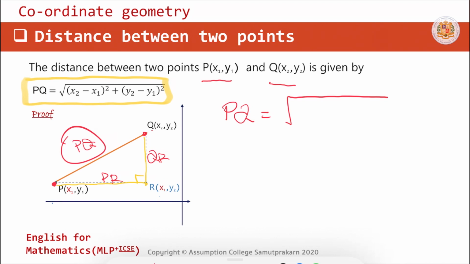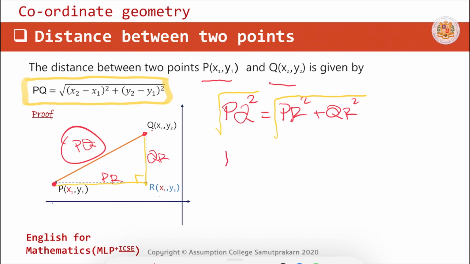Or if you don't get it, I can erase this and write: PQ square equals PR square plus QR square. So I only need PQ, then I put the square root on both sides of the equation.